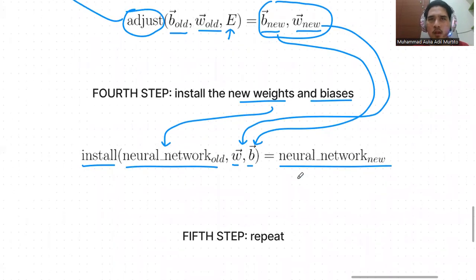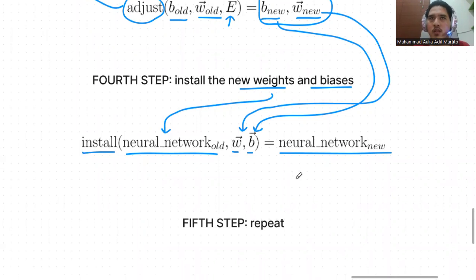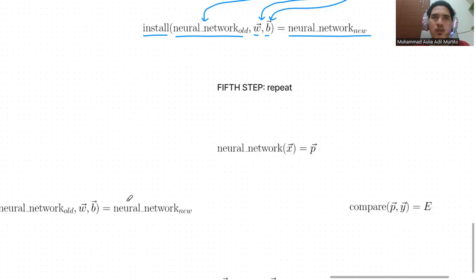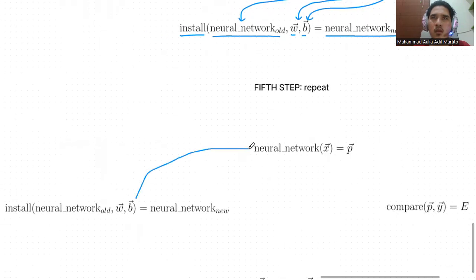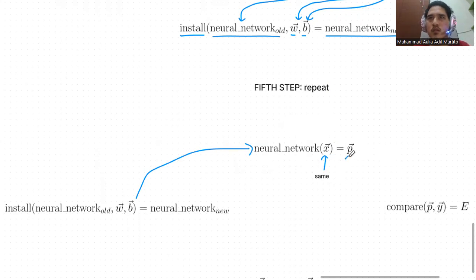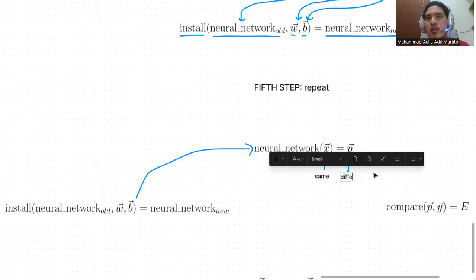Now, the fifth step is to repeat the whole process again. So you see, after we get a new neural network here, we go back to the first step, where we insert the same input data to the new neural network. However, since the biases and the weights are different from the previous ones, of course, the predicted output will be different.